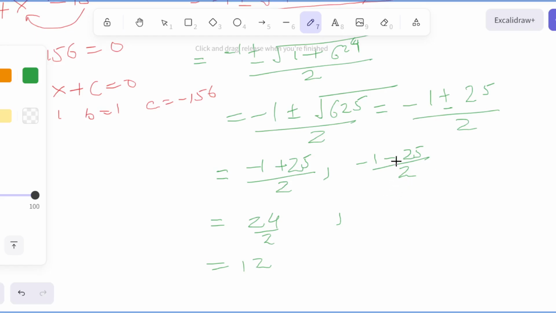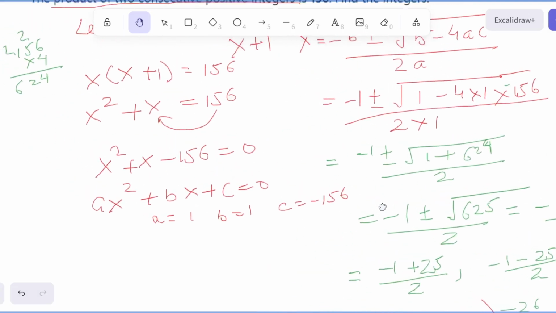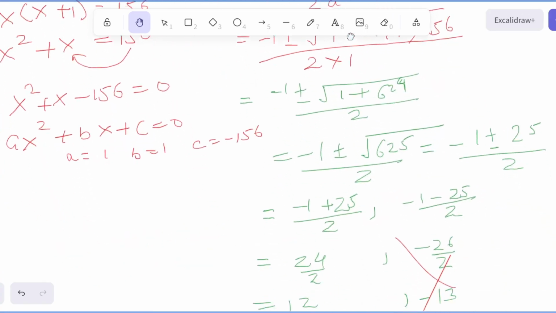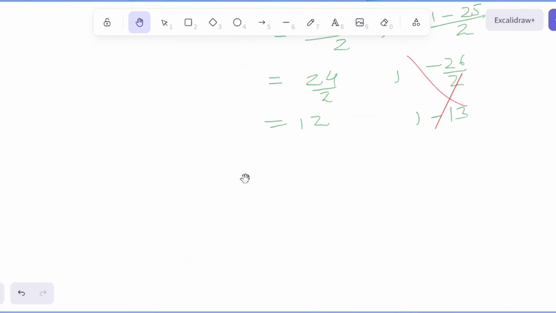And here this will become minus 26 upon 2, which is minus 13. This cannot be the answer, minus 13, because they have already told in the question that it is a positive integer. So our answers will be 12 and 13, because 12 is one of the numbers.